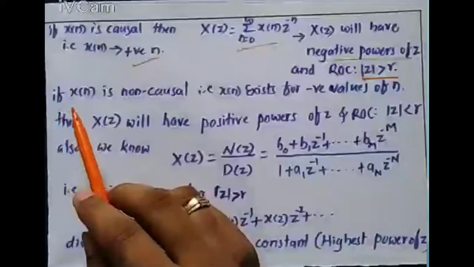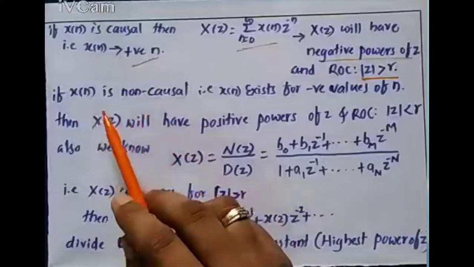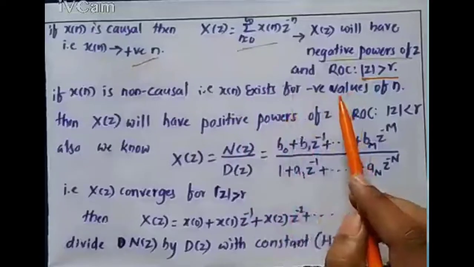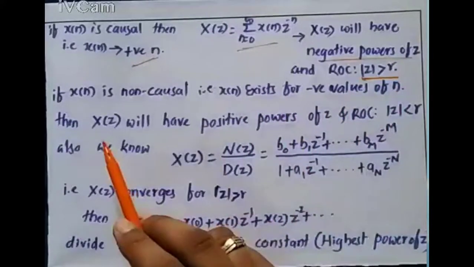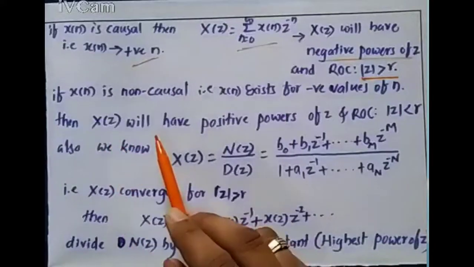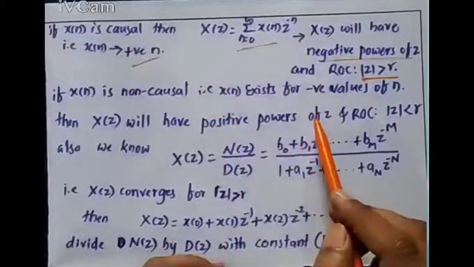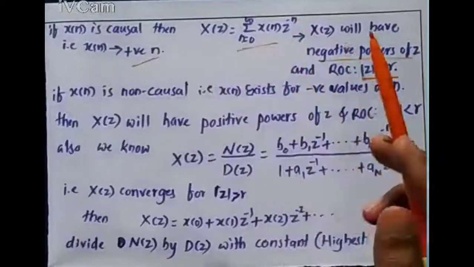The other constraint would be x of n is non-causal. If x of n is non-causal, as the name says, x of n exists for only the negative values of n. So what about x of z? X of z will have the positive powers of z because n is having negative values. Correspondingly, if you substitute the negative values of n here, z will get the positive powers.